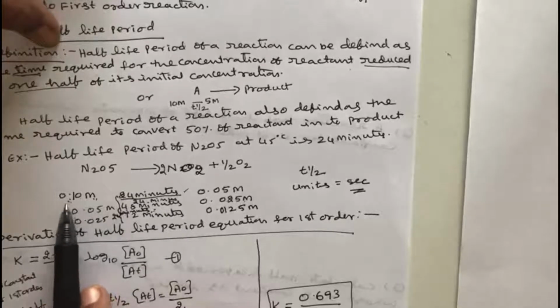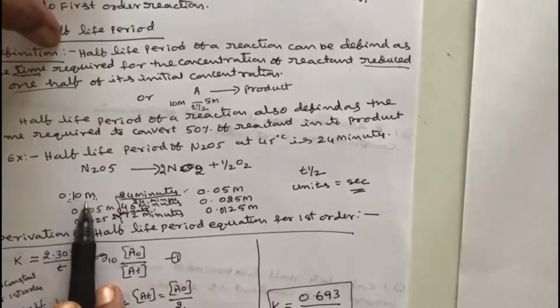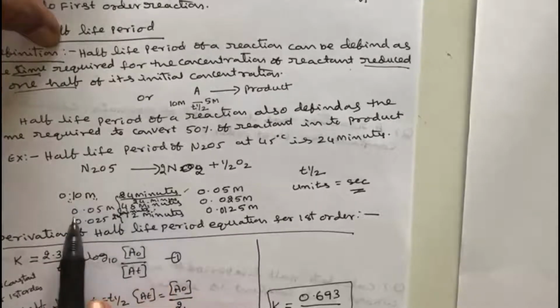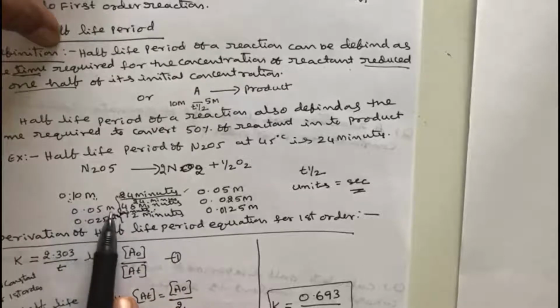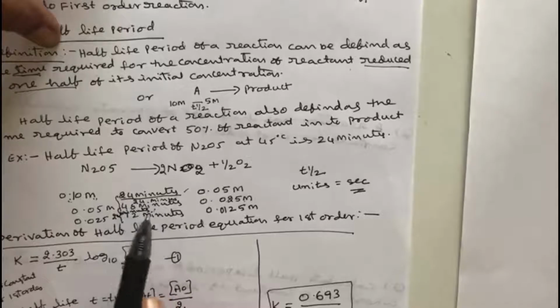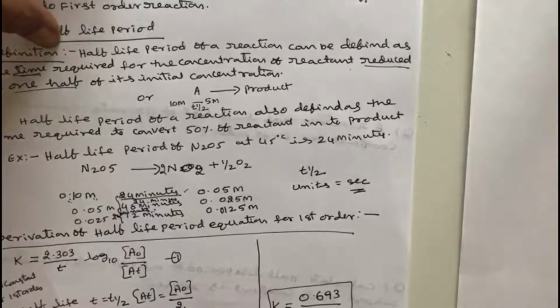If the initial concentration is 0.1, the half-life period is 24 minutes. Initial concentration 0.05 m, here also the half-life period is 24 minutes. So for a first order reaction, the half-life period does not depend upon the initial concentration of the reactant.